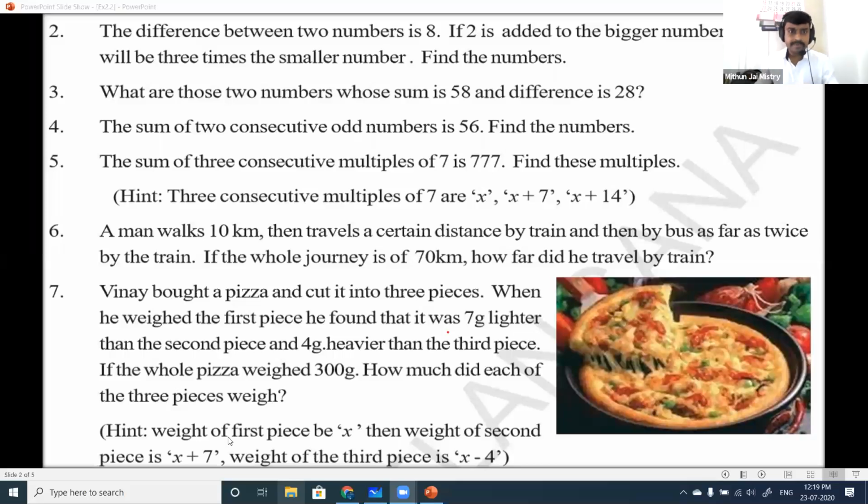So if you take the weight of the first piece as x, then the second will be x plus 7, and the weight of the third piece is x minus 4. After that, you will write: given, total weight is equal to 300 grams. And below that, you will write x plus x plus 7 plus x minus 4 is equal to 300. And then you will find the weight of each piece.